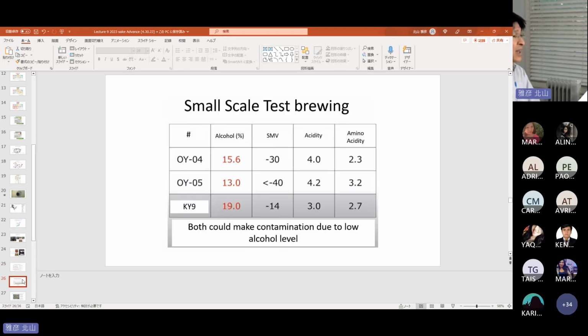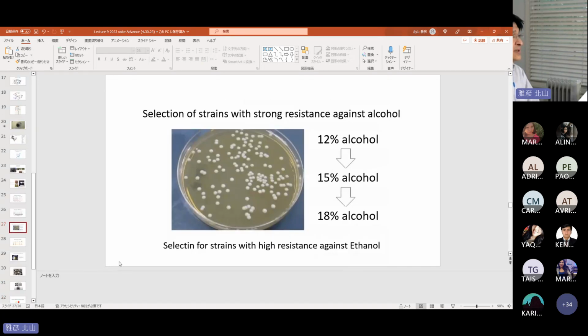They tried to isolate a strain which produces a higher level of alcohol by this selection. Maybe this is screening or selection.